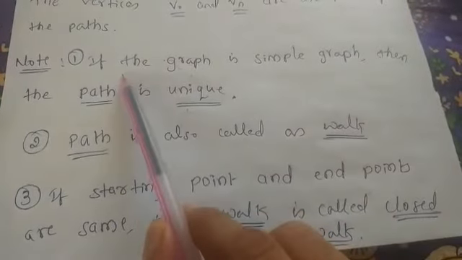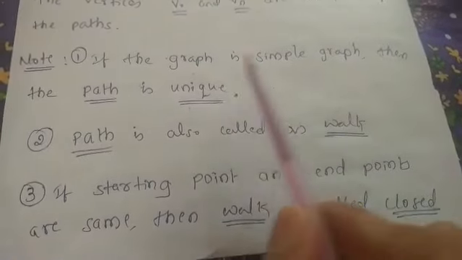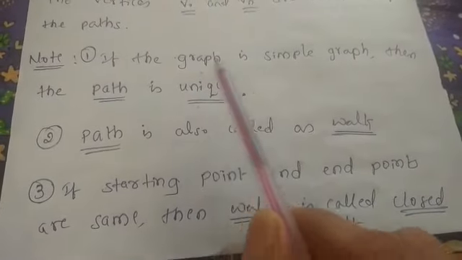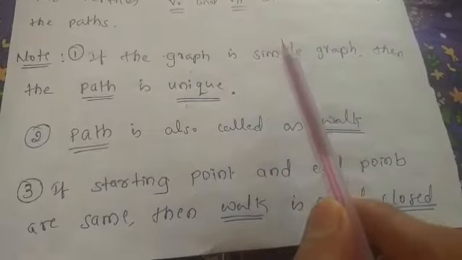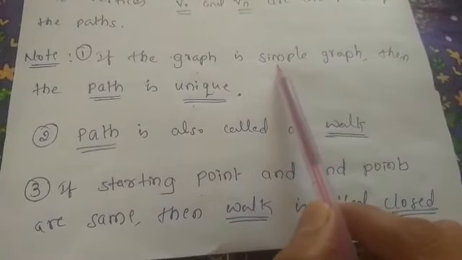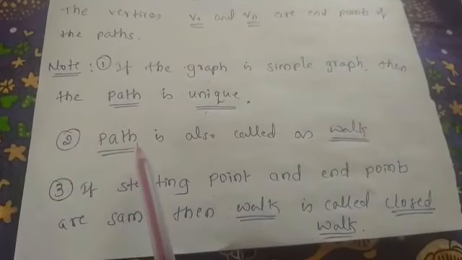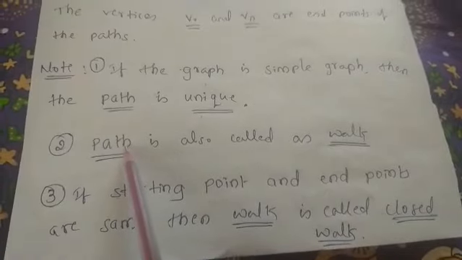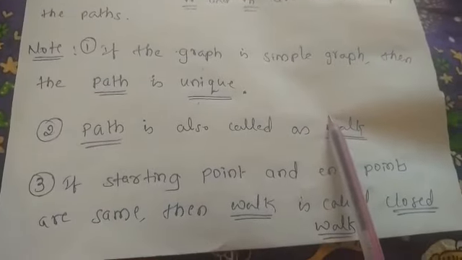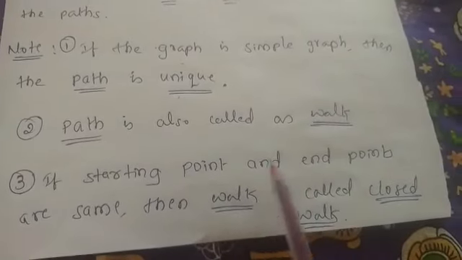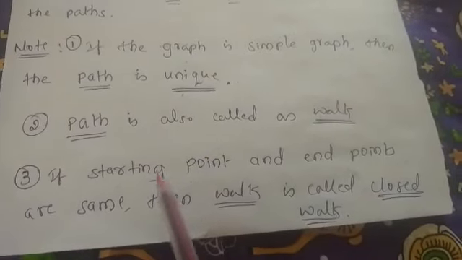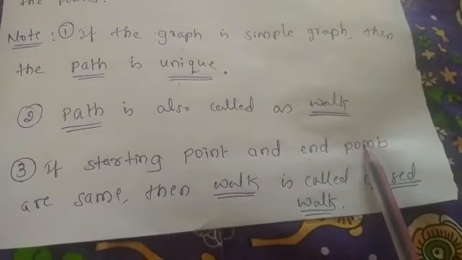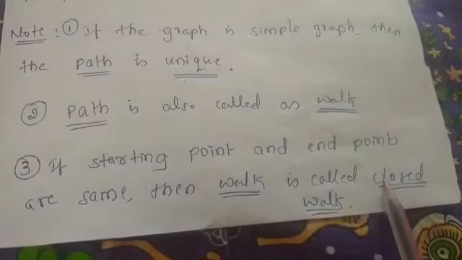If the graph is simple, then the path is unique. Here a simple graph means no loops and no multiple edges. In the same way, a path is also called a walk. If the walk is closed, meaning the starting point and end point are the same, then the walk is called a closed walk.